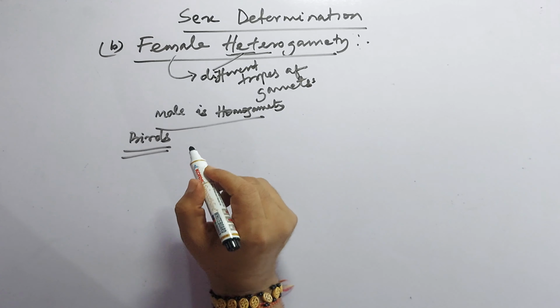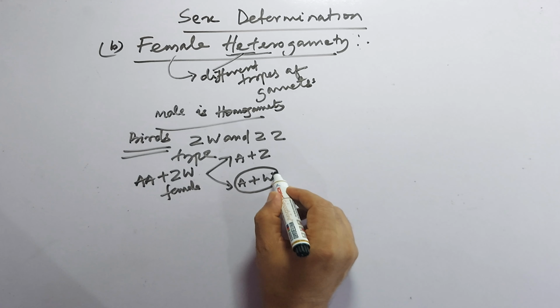Here the female is two sets of autosomes plus ZW, and produces two types of gametes, that is A plus Z and A plus W. So two different types of gametes.